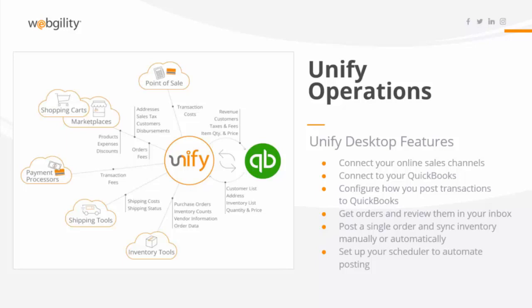And there are so many details to consider, and I understand that they're all important. Every single aspect of how you're fulfilling your orders within your business is important. So as we go through the product tour, think about the main pain points and expectations, and imagine what you want Unify Desktop to help you do more efficiently.